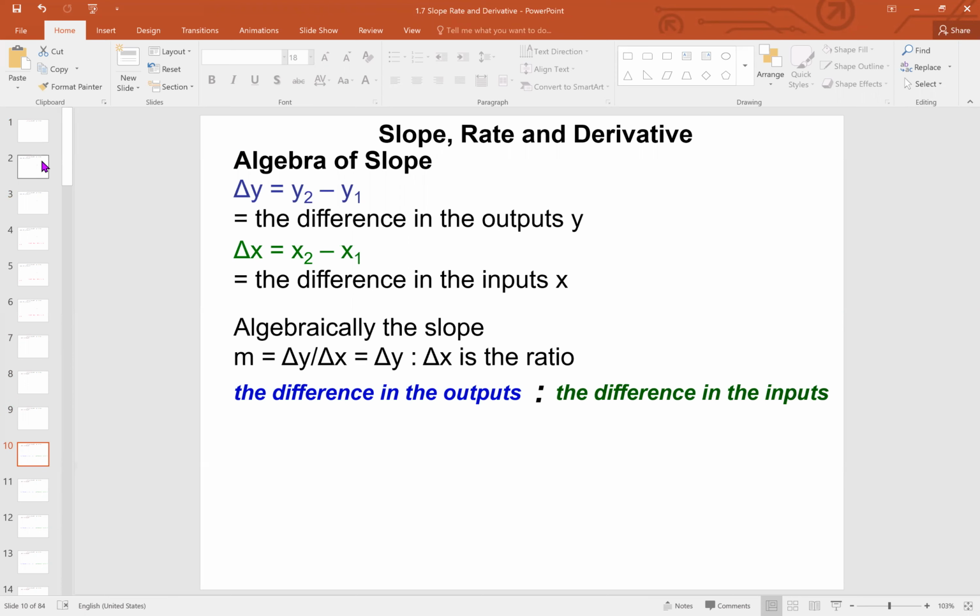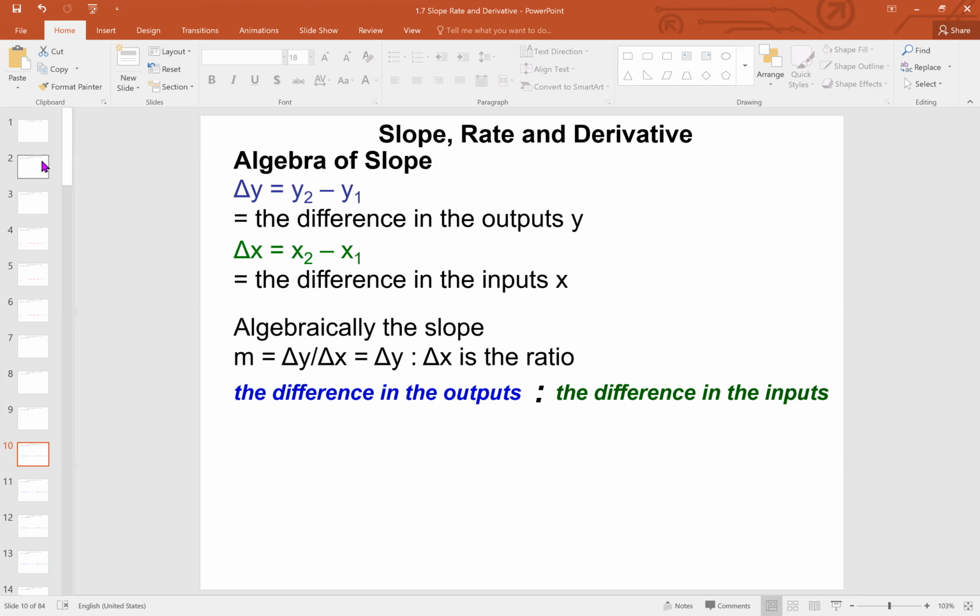But since slope is a fraction, it's a ratio, and we can interpret it. If the x coordinate and the y coordinate are specific measurements like time, distance, temperature, and so on, then delta y over delta x can be interpreted as a ratio, like how many parts, as in a recipe.